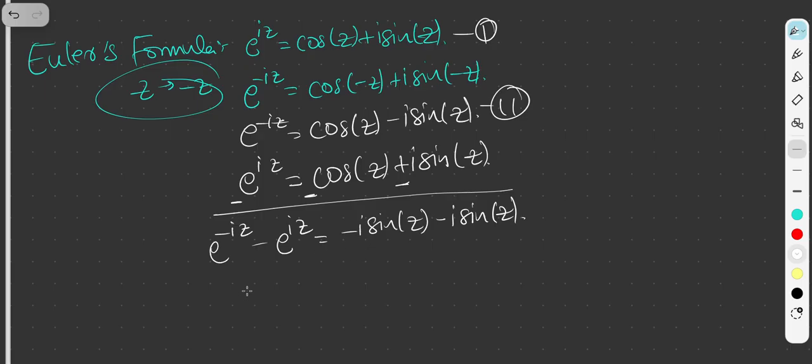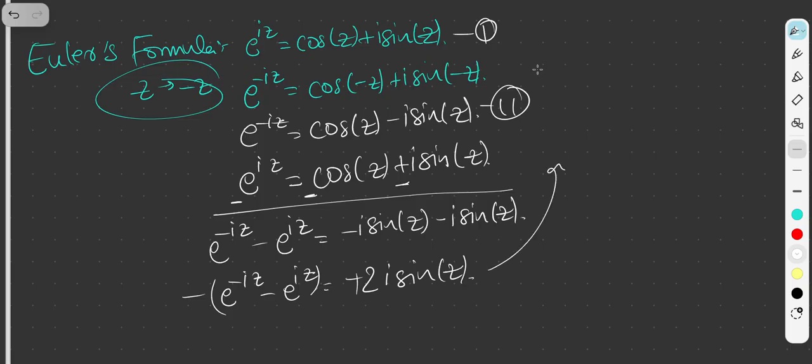Now we can say e to the minus iz minus e to the iz equals minus 2i sine z here, right? And now I'm just going to multiply both sides by a negative sign. Negative times negative is positive, we know that.